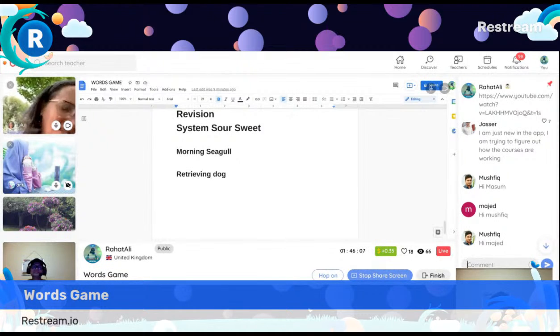I usually play with the dog when... No negative thoughts. You have to make it, no excuse. You could use different verb tenses, the verb would be retrieve. So you don't have to say retrieving.